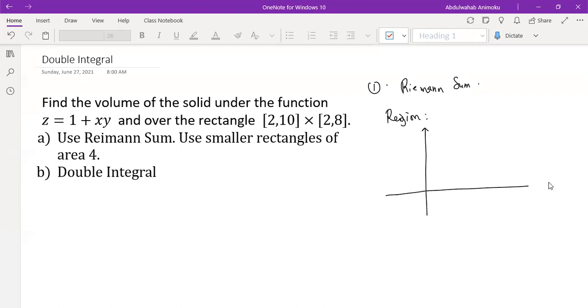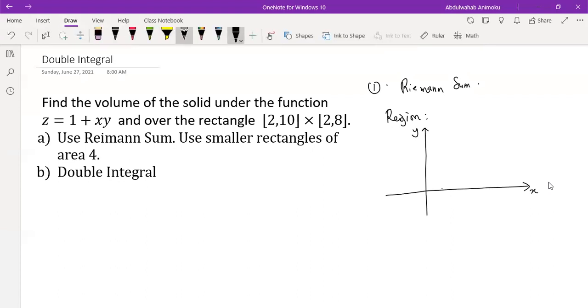So this is the XY region, right? The x values would be moving between 2 to 10. So let's say this is 2 to 10, right?